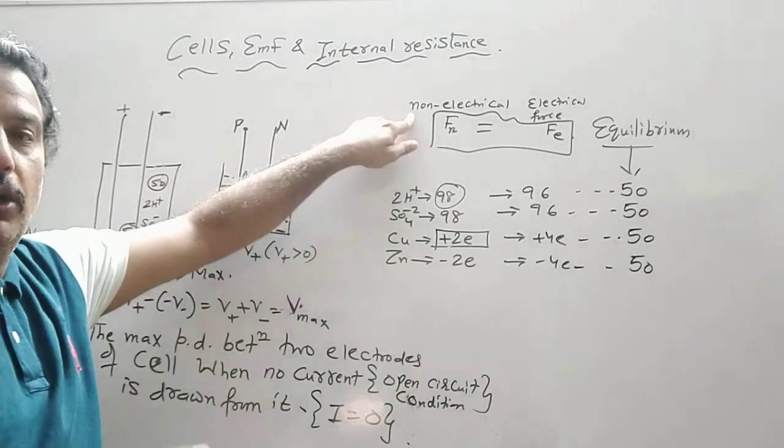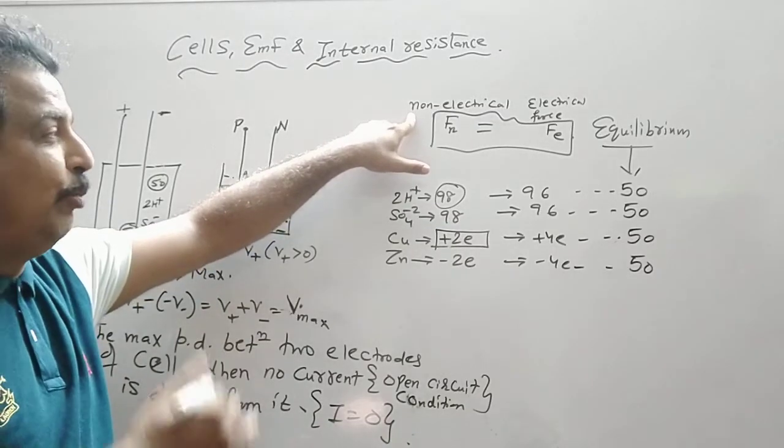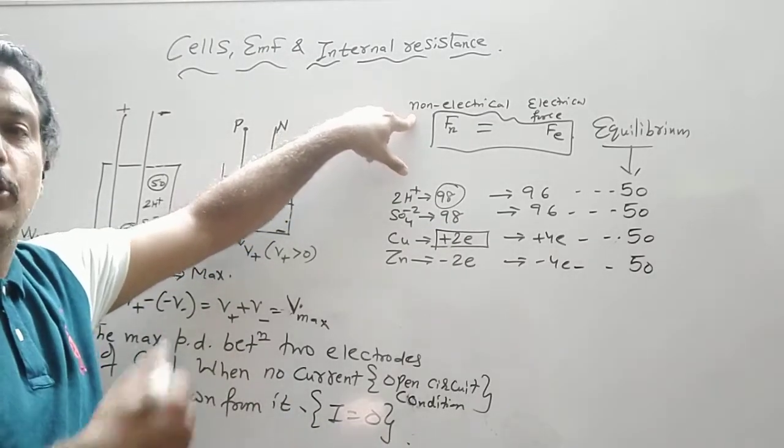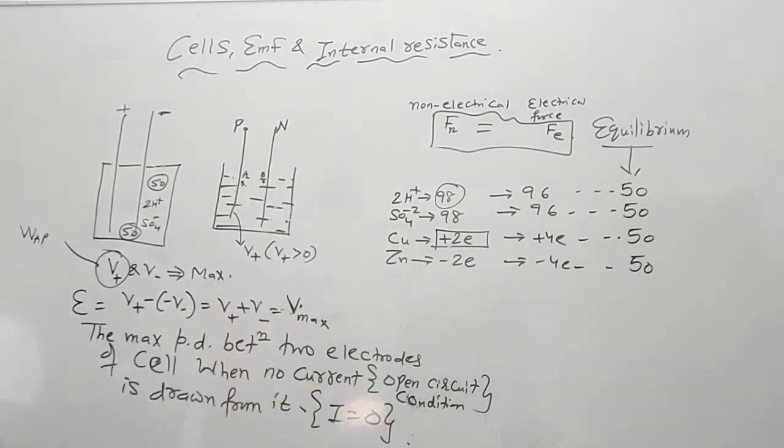The charge or ion will not move by itself. Nobody will move by itself. There should be some force acting on it. So this non-electrical force is a chemical force.